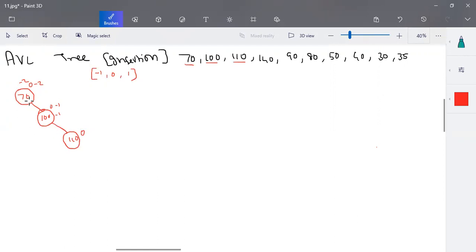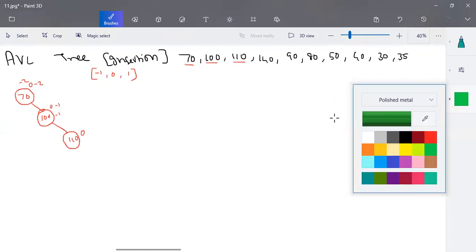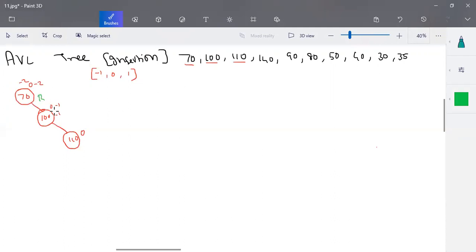This happens because the imbalance occurs due to insertion on the right side. So -2 indicates that the imbalance occurs on the right side of it. So it is right to right, and we have to perform an anti-clockwise rotation, an RR rotation. How do we perform an anti-clockwise rotation here? 100 will remain as it is, and 110 will remain as the right child of 100.